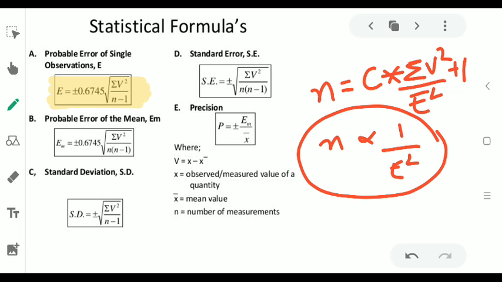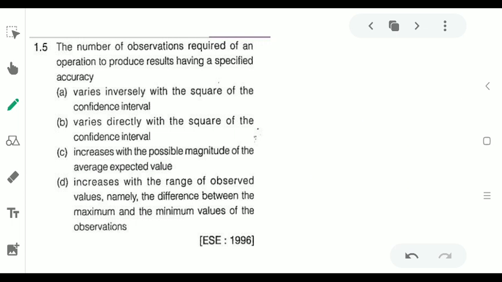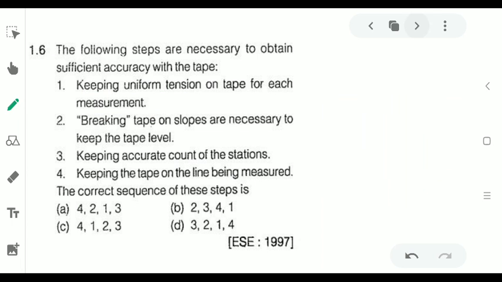Since E is the probable error which is allowed, that is our confidence interval. So the number of observations required, so that we can get a specified accuracy, varies inversely with the square of the confidence interval. So option A would be correct.